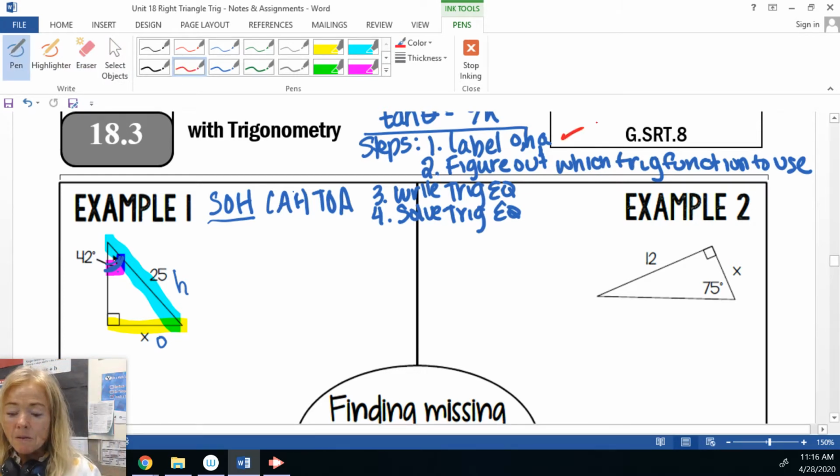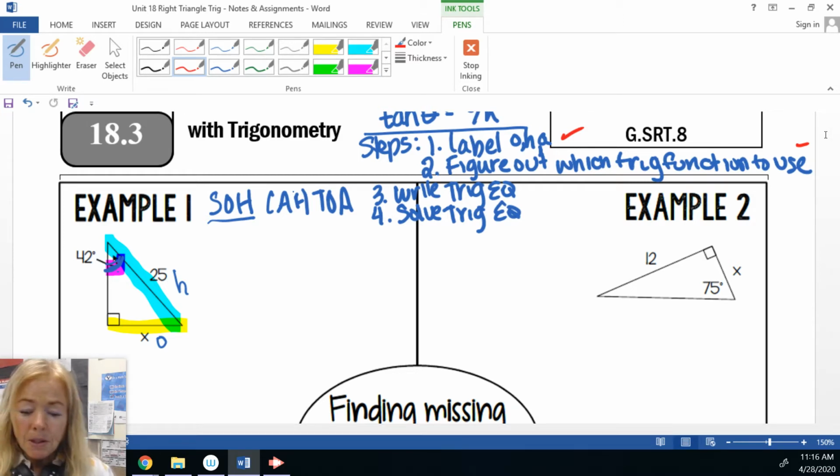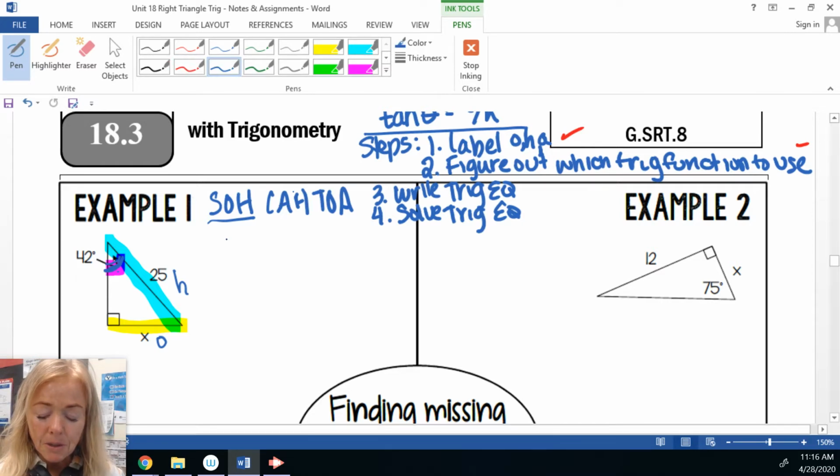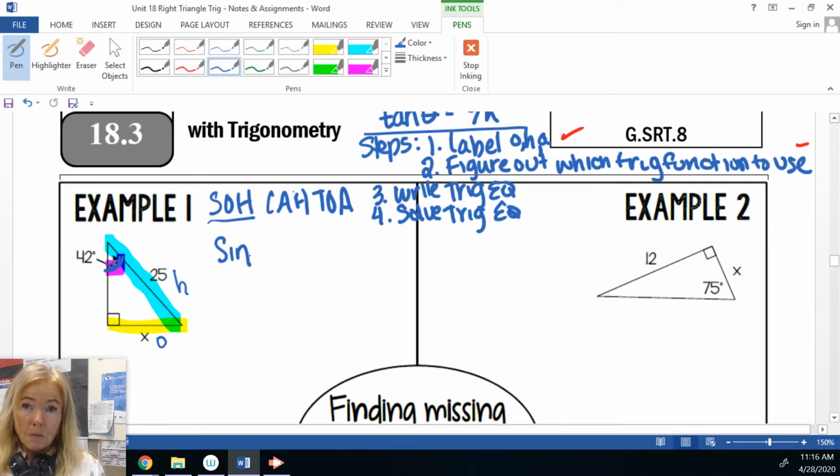The next step is to figure out which trig function to use, and we decided sine, so we've done that. Those were our first 2 steps. The next step is to write the trig equation. So our trig equation is going to be sine, and we always write which one we figured out.